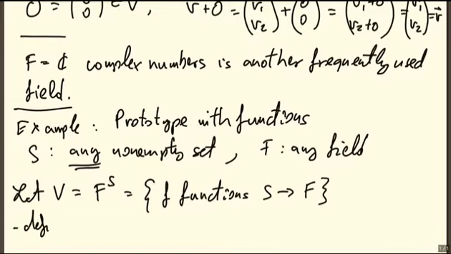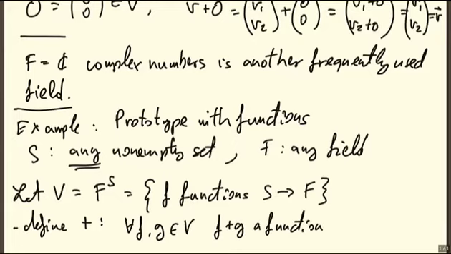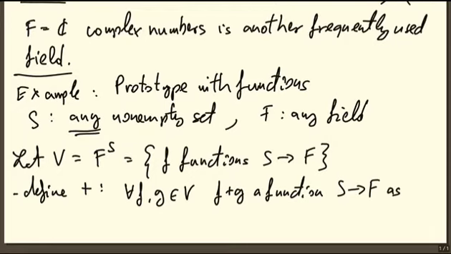First we define the addition. How do we add together functions? For all f, g from this vector space, f plus g is supposed to be a function mapping from S to F, and we have to define then this new function.